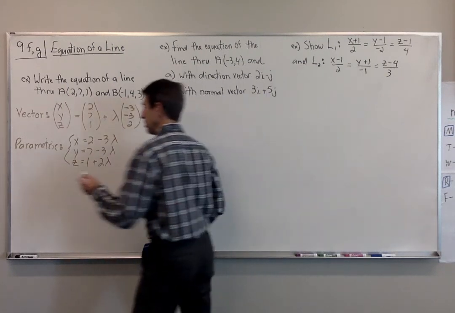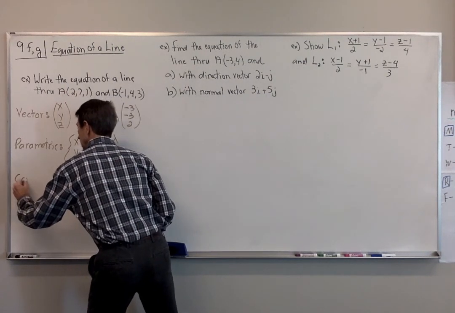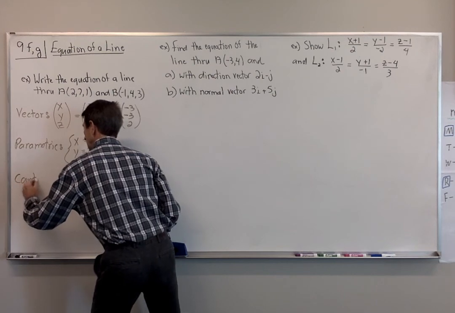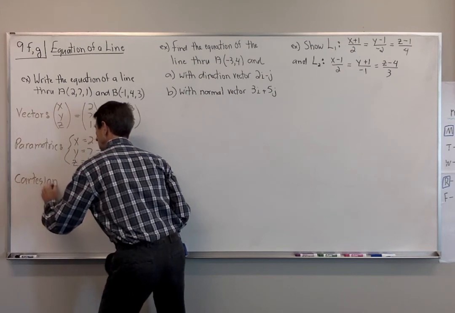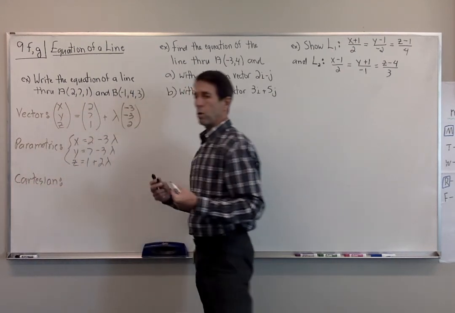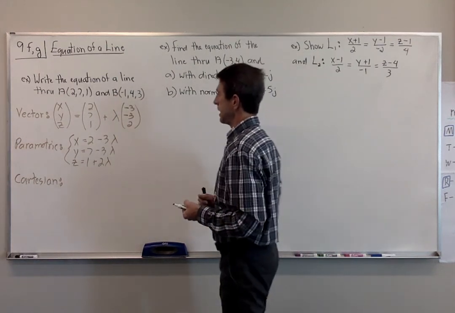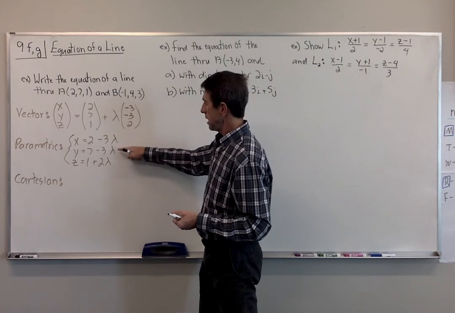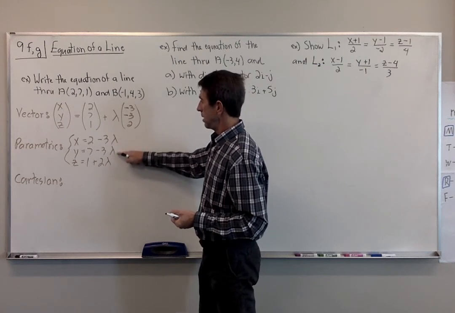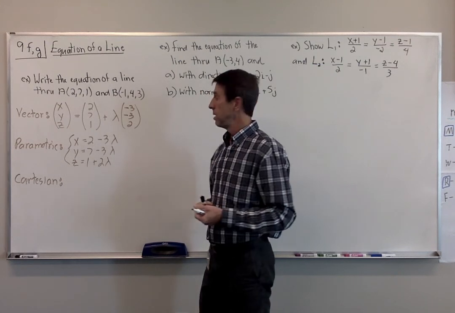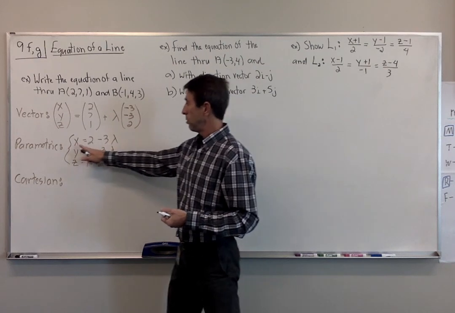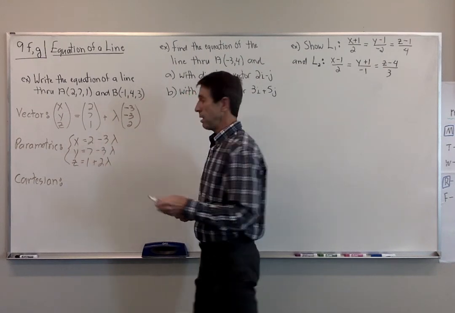And then the third would be our Cartesian. Cartesian works perfectly when it's in 2D, but in 3D it looks a little funny. And really what it comes down to is we can take each of these and solve for lambda. And if I solve for lambda, here would be (x minus 2) over -3.